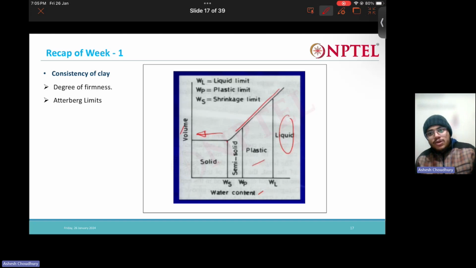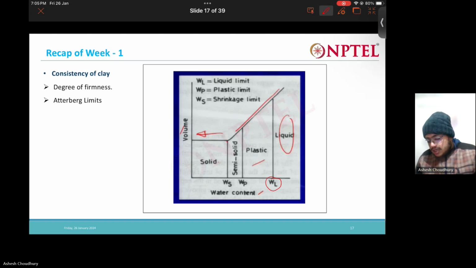It will just keep on flowing as a liquid. The soil will lose all its strength and become very fluidy. The limit above which the soil turns into a liquid is nothing but the liquid limit.